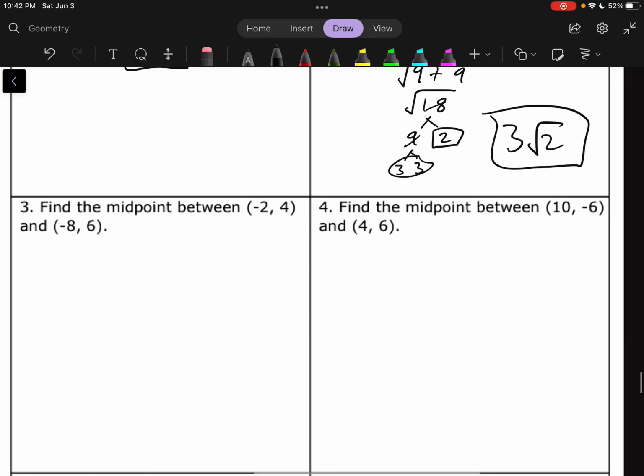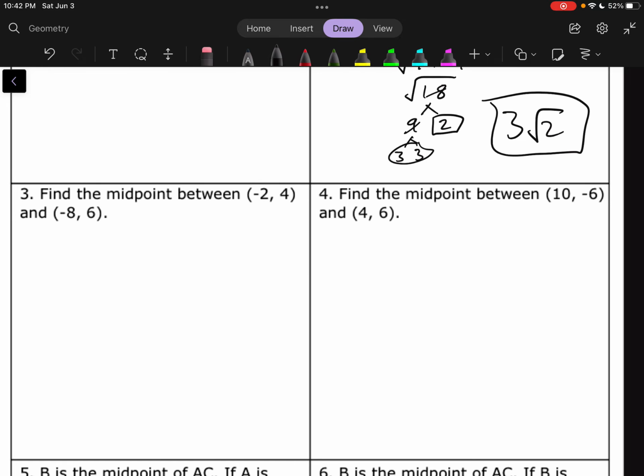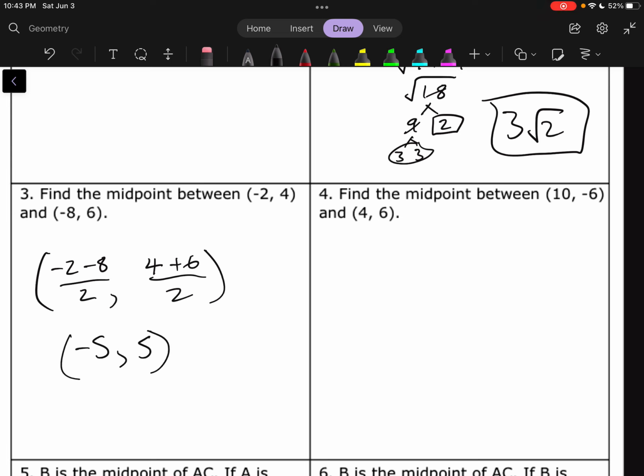Number 3 wants us to find the midpoint between those 2 points. So that should have been -2 plus -8, which I should really write as -2 minus 8 over 2. And then 4 plus 6 over 2. -2 minus 8 is -10, divided by 2 is -5. 4 plus 6 is 10, divided by 2 is 5.